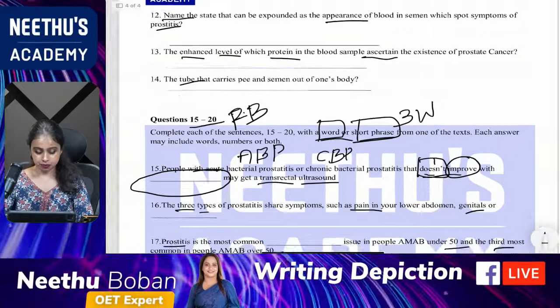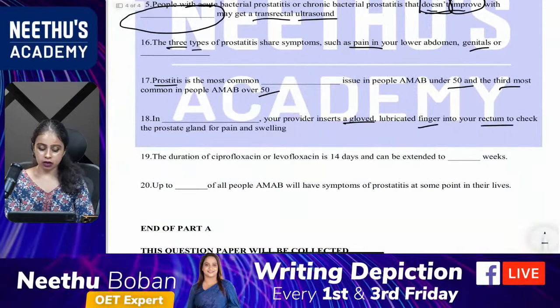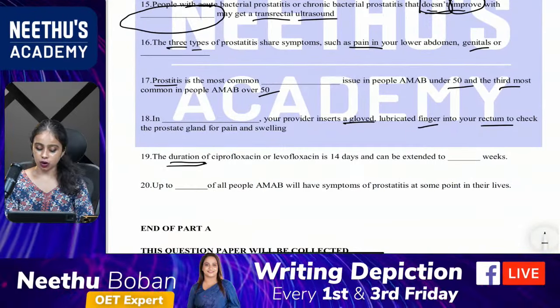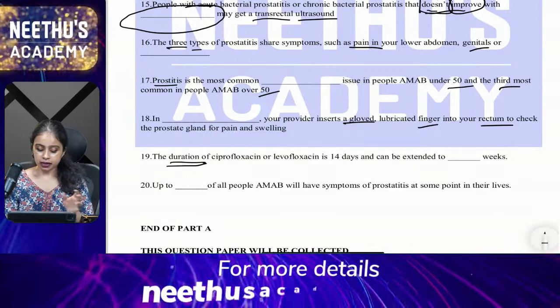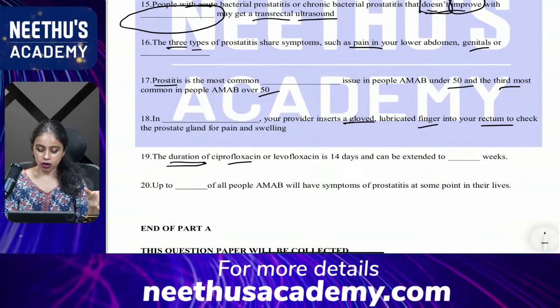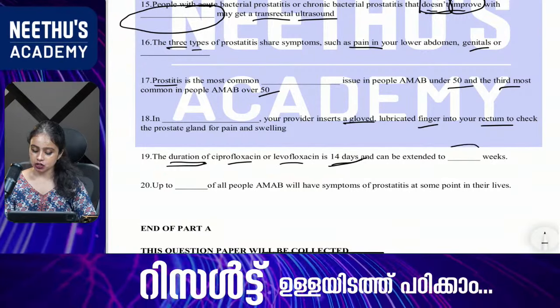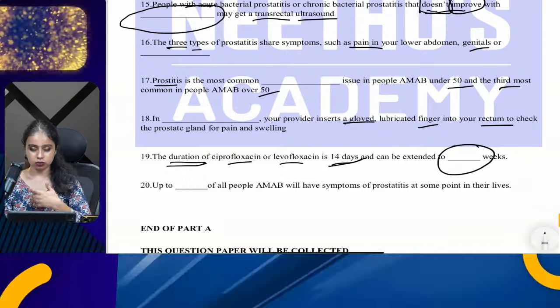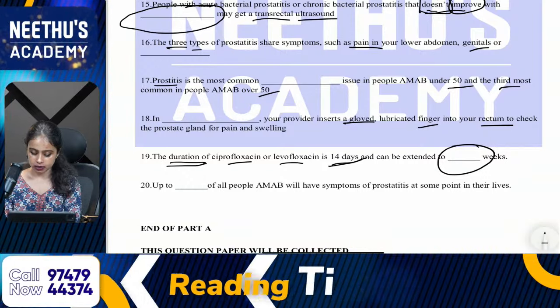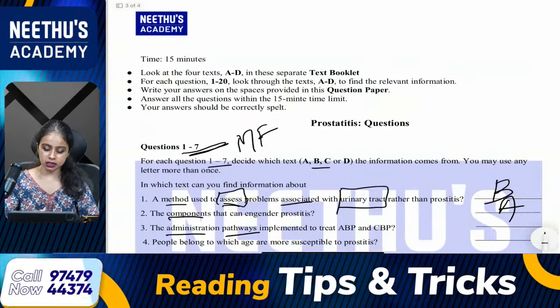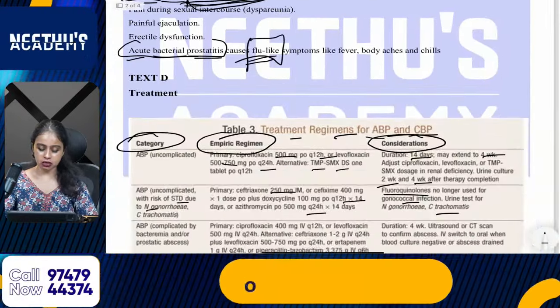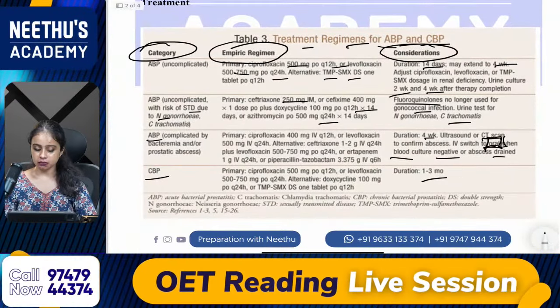Then the 19th one. Again, the duration, how long? The medication, ciprofloxacin or levofloxacin, is 14 days that can be extended to dash weeks. How many weeks can it be extended? That is from text D, the treatment options.